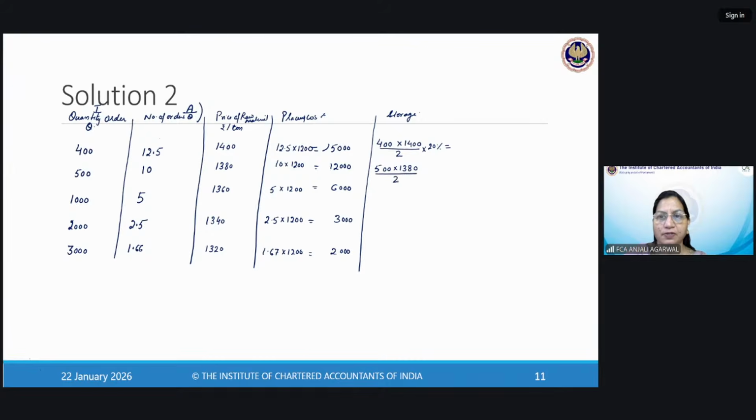On an average, into 20%. 1,000 into 1,360 divided by 2, average investment, into 20%. 2,000 into 1,340 into 20%. And 3,000 into 1,320 divided by 2 into 20%.